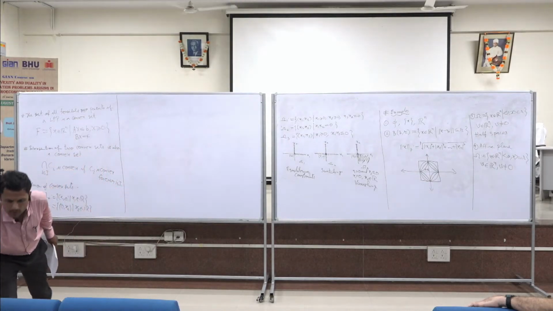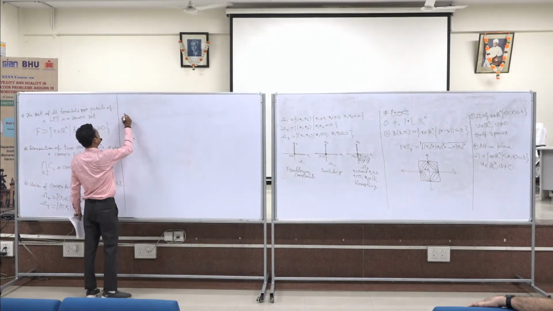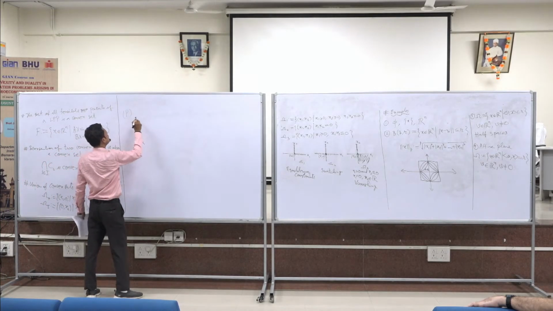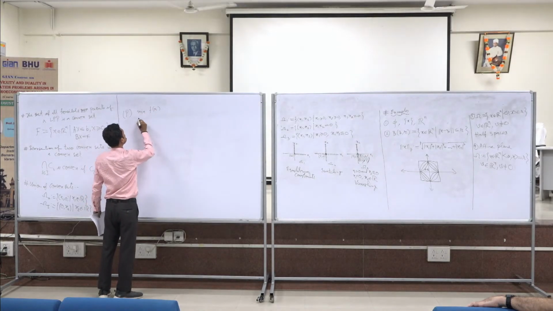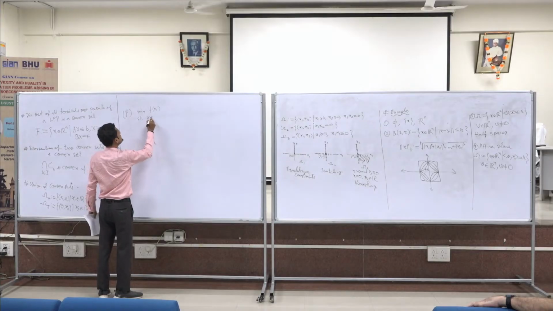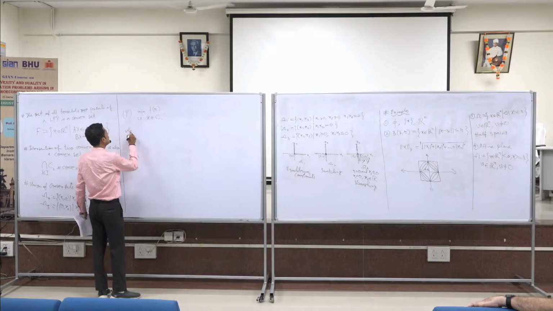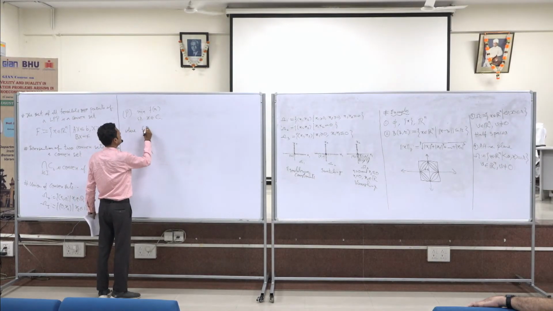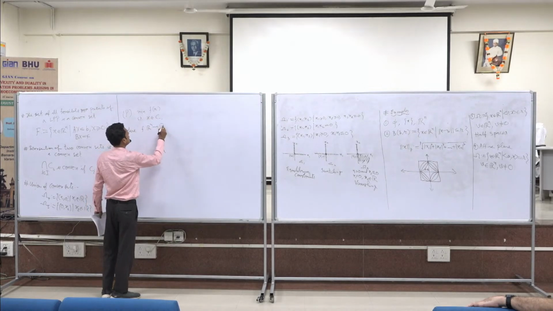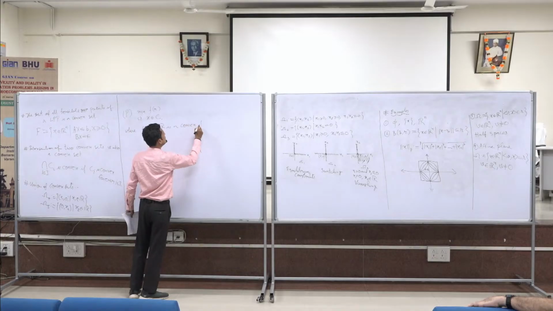The function will be a convex function, and we have to minimize f of x subject to x belongs to C, where f from Rn to R is a convex function.